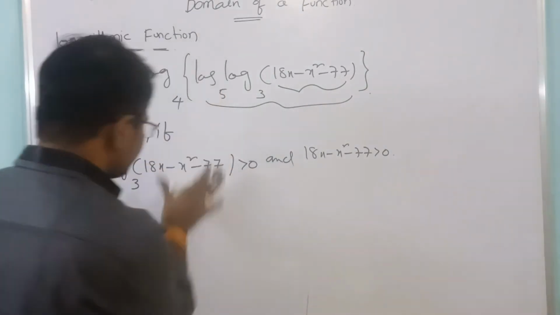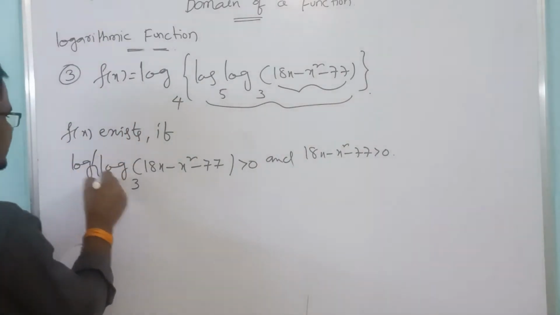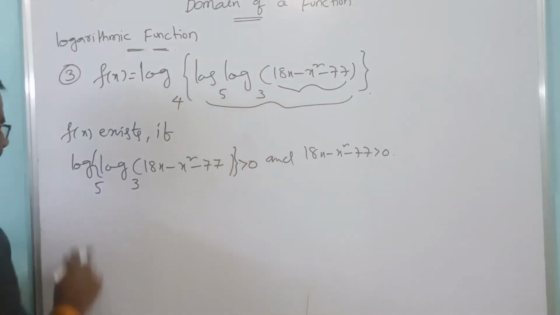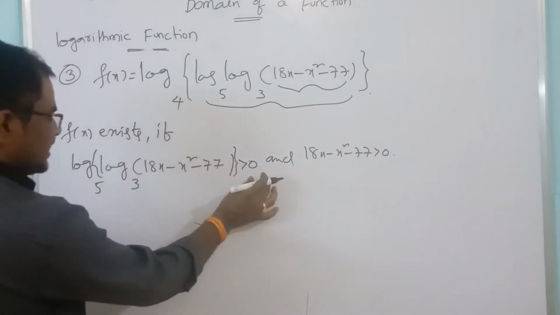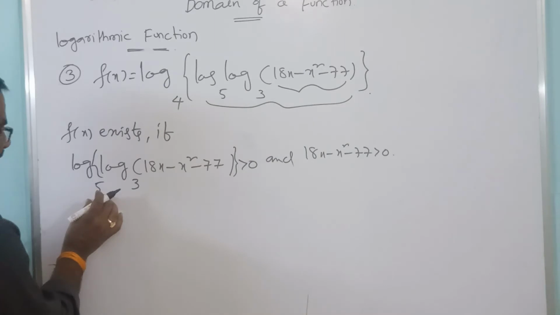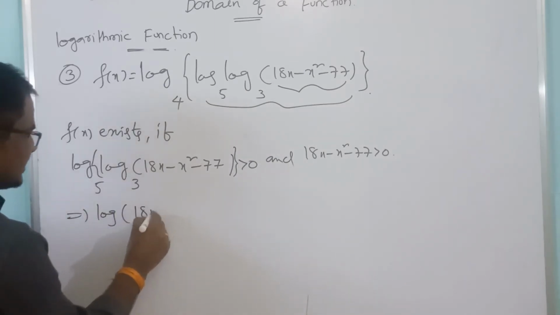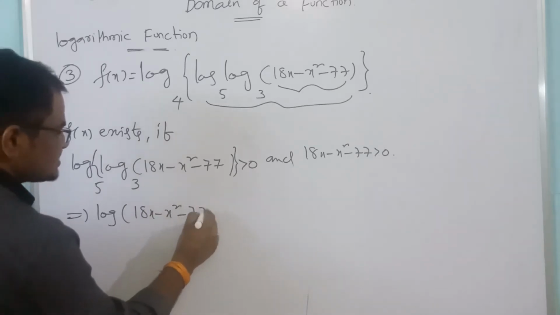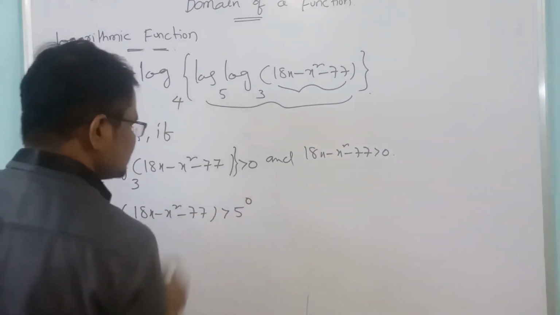Now after that, the same as the previous problem, simultaneously we have to simplify. Now here, if you take this as x, it is in the form of log x to the base a equal to k. Here a is greater than 1. So that's why we can take it as log of 18x minus x square minus 77 to the base 3 greater than 5 power 0.